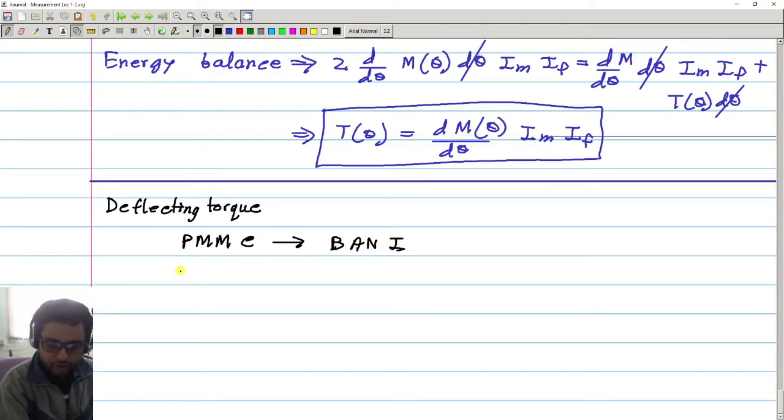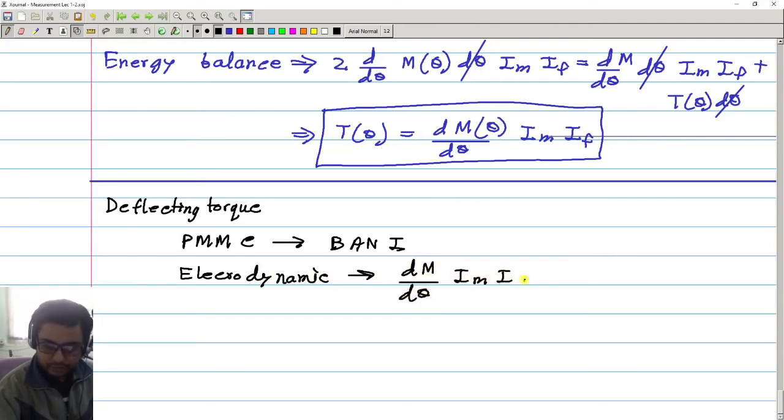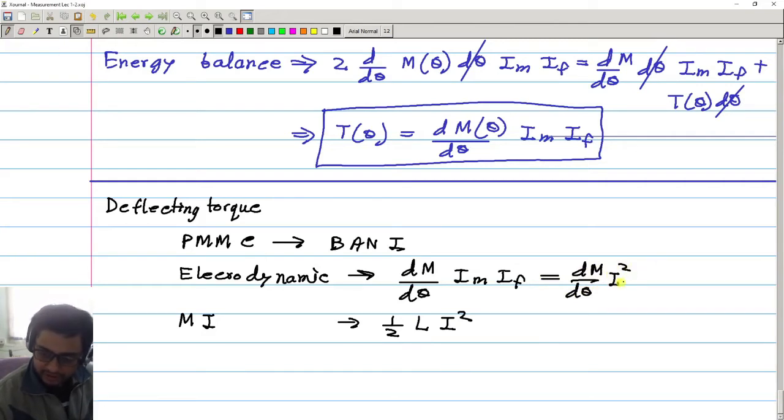For electrodynamic, this is dM/dθ Im If. For moving iron, this is half I squared dL/dθ. And for electrodynamic, this will be dM/dθ I squared.